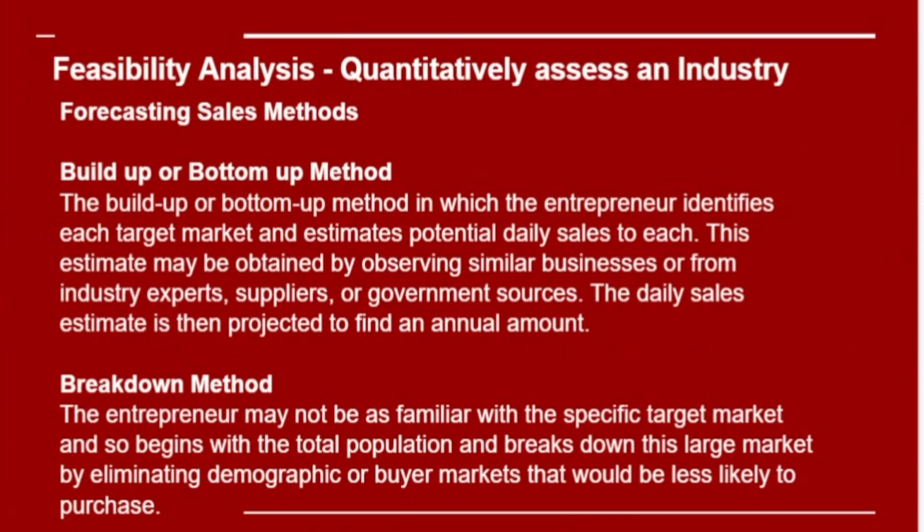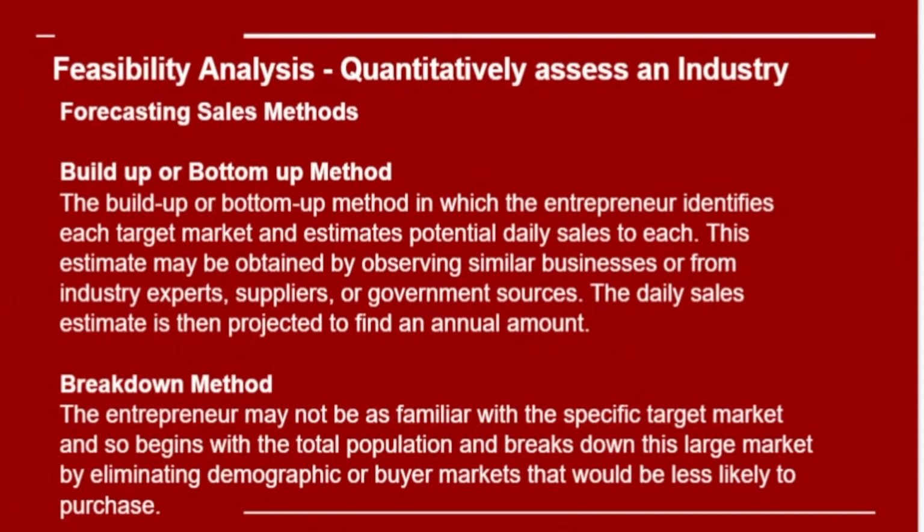So you could think about, for example, can you sell it to residential customers? That's target market number one. Target market number two is commercial customers. And effectively, you figure out how much you can sell to residential, how much to commercial.